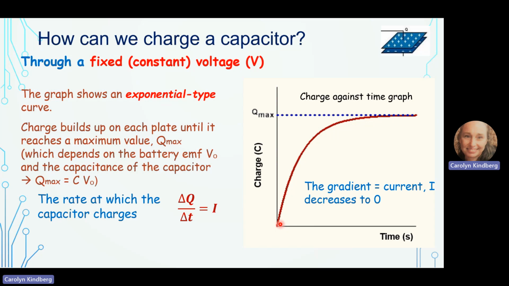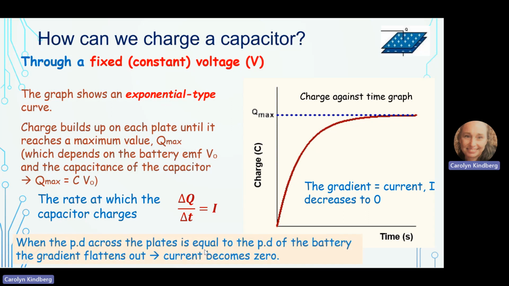The gradient starts off at a maximum and decreases all the way until it becomes 0 as the curve flattens out. That's saying that the current is maximum to start with and decreases to 0 over time. And at that point, the potential difference across the plates is equal to the potential difference of the battery.